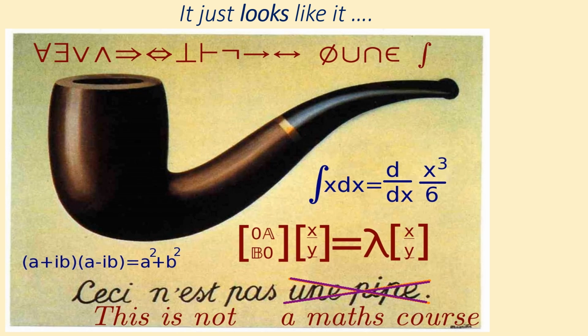You're going to see strange expressions such as the integral of x dx is the same as, whatever that means, d by dx x cubed divided by 6. Doesn't make this a maths course. You're going to see odd 2 by 2 matrix multiplications, odd bracket expressions. This is not a maths course.